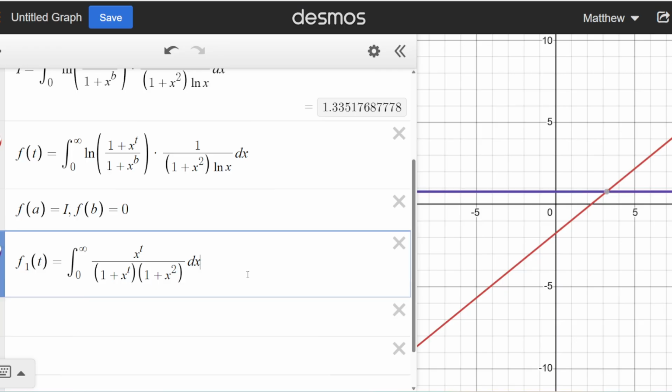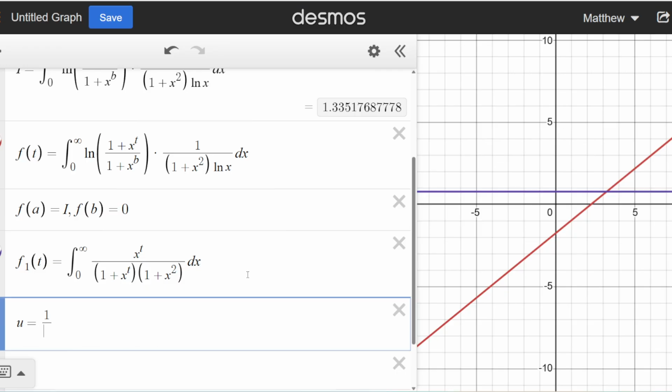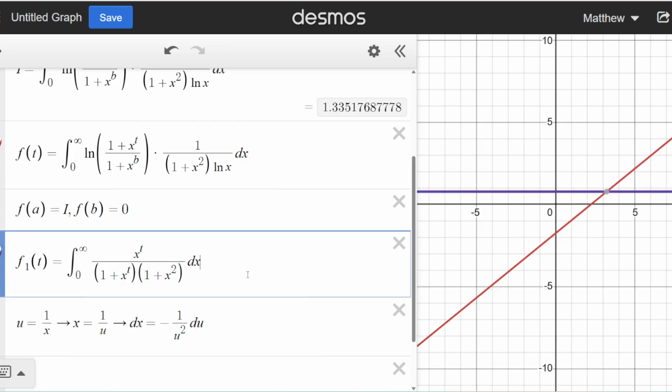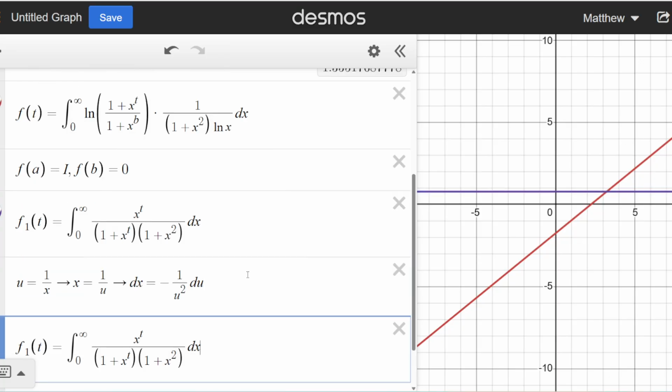Okay, I know a trick here. So we're going to let u equal 1 over x. That's going to imply that x is equal to 1 over u, which also implies that dx is equal to negative 1 over u squared du. So let's go ahead and make that substitution.